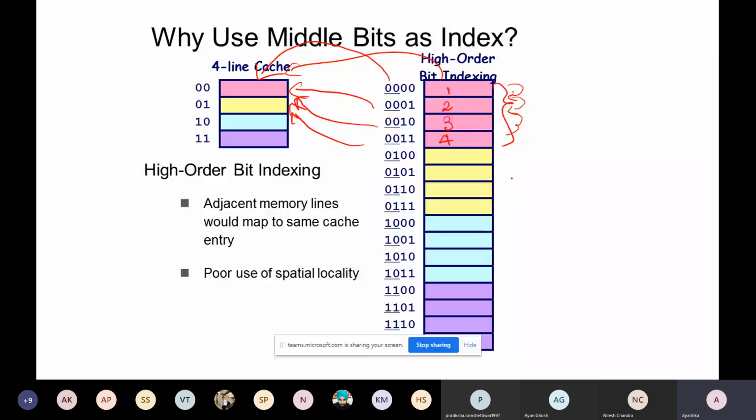Whenever you are repeatedly executing this loop 1, 2, 3, 4, 1, 2, 3, 4, there will be a huge number of cache replacements. Each time you encounter instruction 2 or its data fetch, you face a cache miss, go back to the main memory, load that data to your cache, and then fetch it.